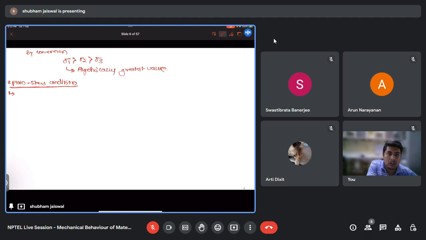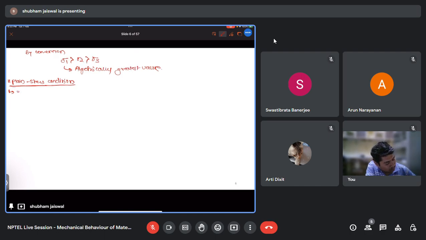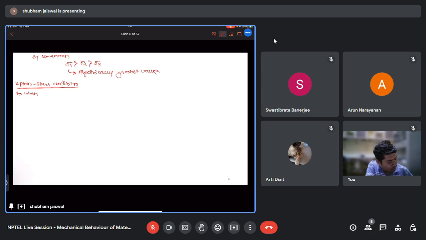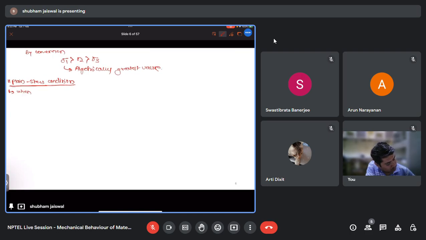Mr. Swati, Mr. Arti? So the plane stress condition is the condition when the shear stress in one plane is zero.